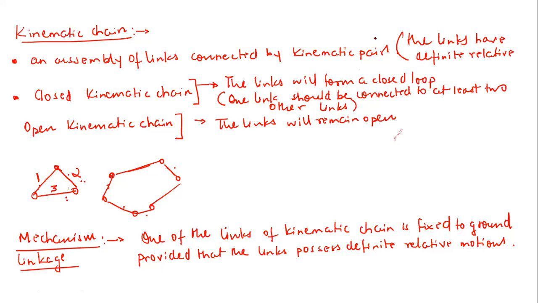So even for a kinematic chain, the links should have a definite relative motion with respect to each other. If this criterion is not satisfied, then we will not say that this is a kinematic chain or a mechanism, correct?